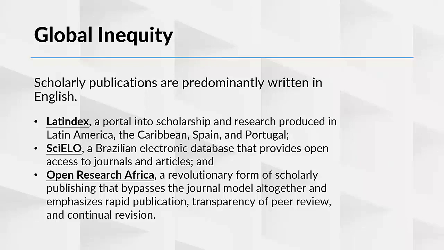Southern journals are underrepresented in leading journal index tools such as Scopus and Web of Science. She has a lot of examples, and I don't know if I want to read them all out, but knowledge is assumed to flow from north to south, with the global north the predominant knowledge creator and the global south its passive recipient.